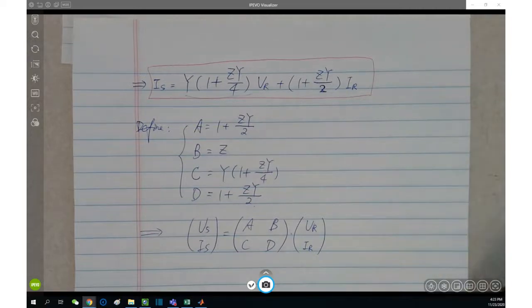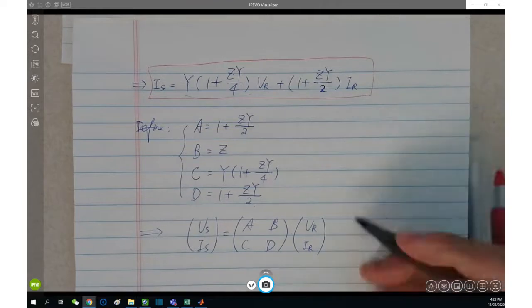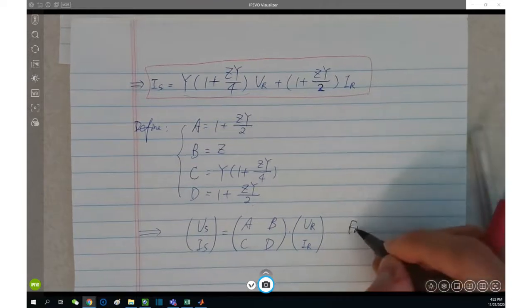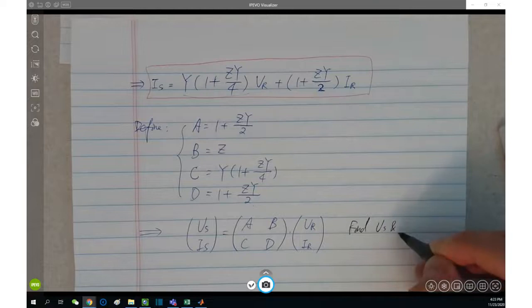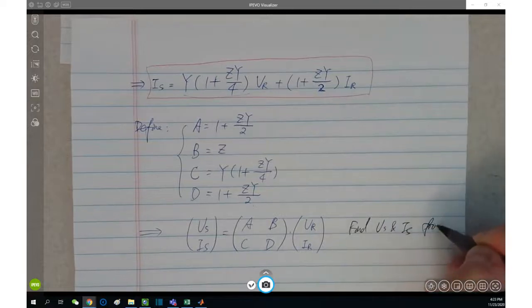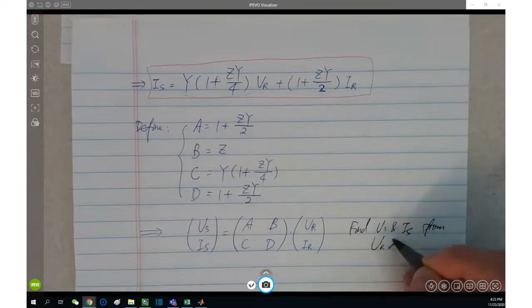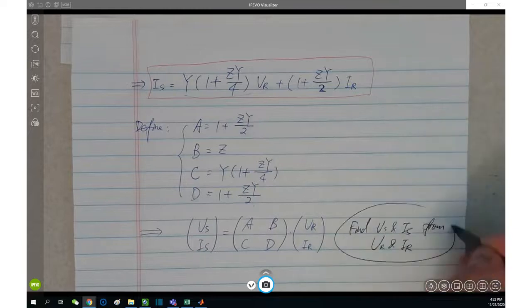And of course here, this is to find VS and IS from VR and IR. And we are doing this, right?